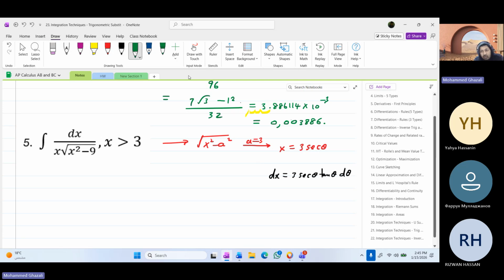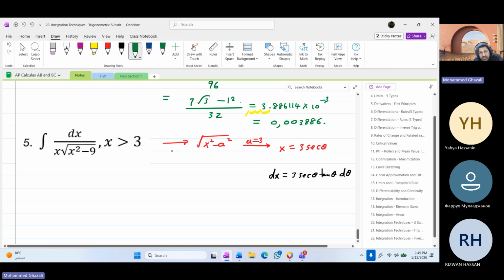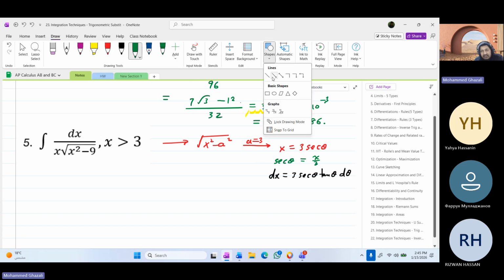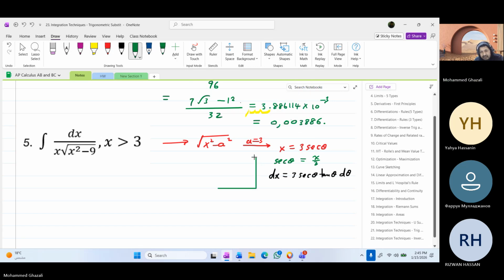Okay. Now what is sec theta here? We need to check the triangle. Sec theta is x over 3. Right, so let me draw a triangle and see if that square root form appears there. It's easy because if you know the forms, then it's very easy.